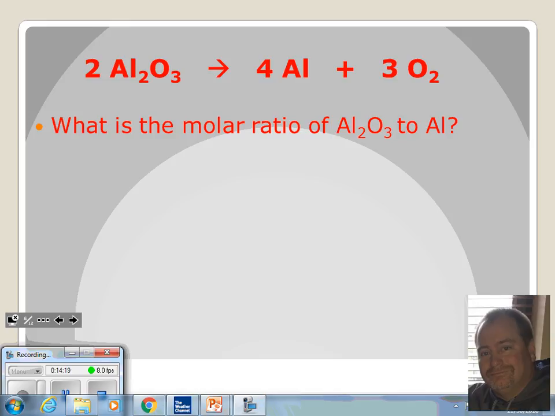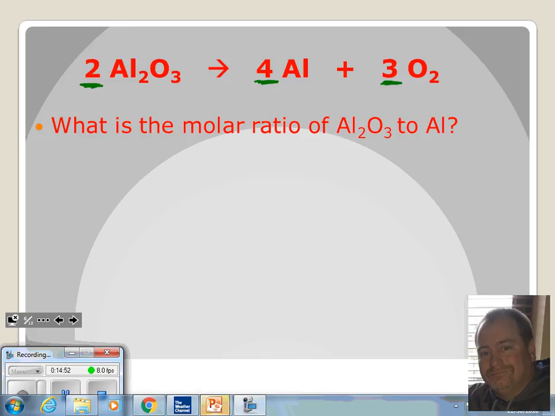If we have 2 moles of aluminum oxide, it decomposes to 4 moles of aluminum and 3 moles of oxygen. So where did I look?